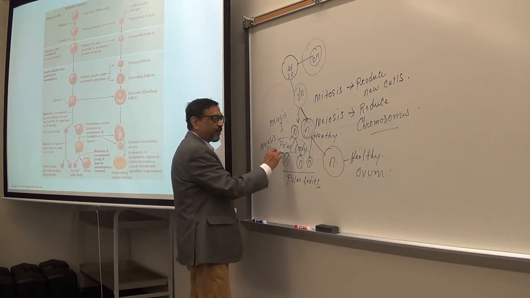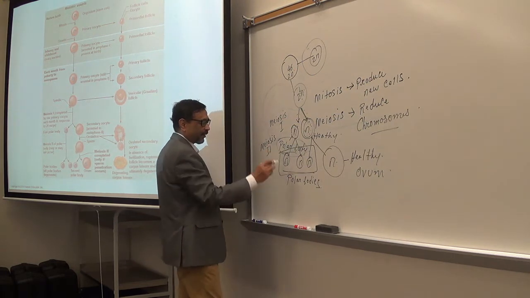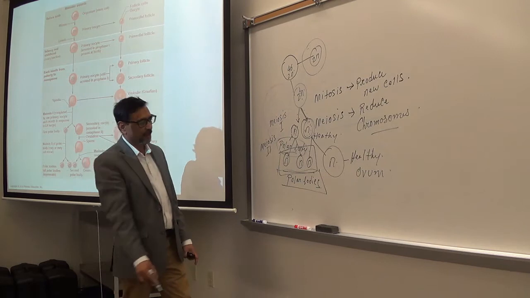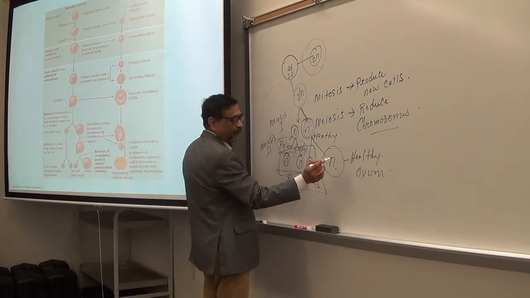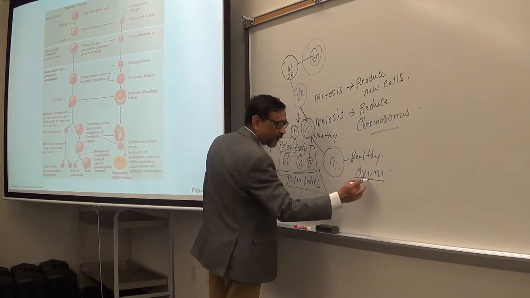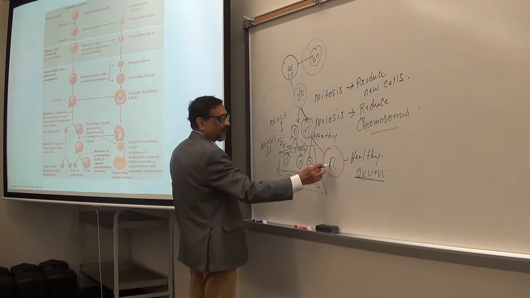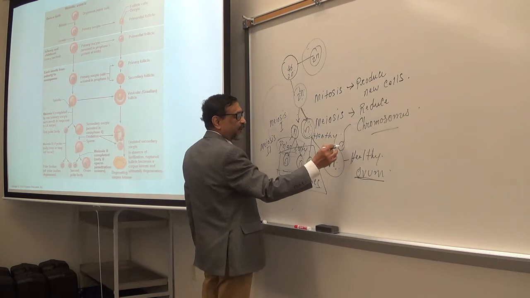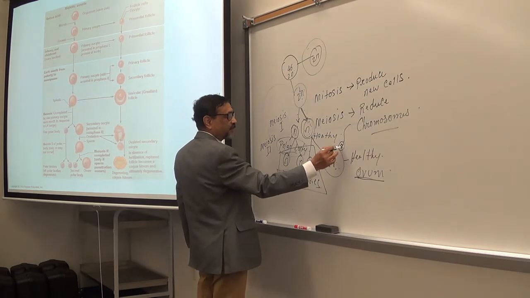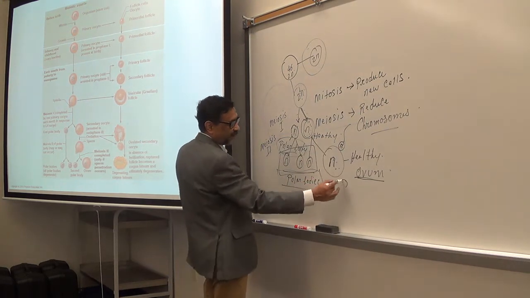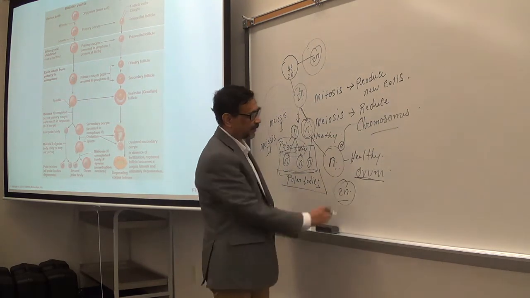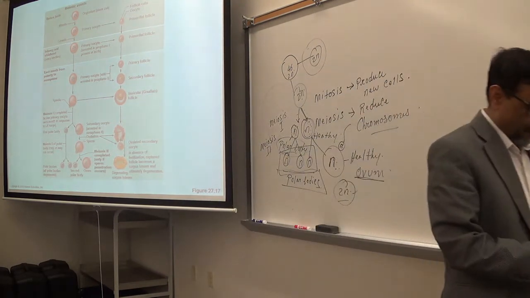So we got four, but these three are polar bodies. They are not useful. Only one healthy ovum or egg or oocyte. And this one has half number of chromosomes. So when the sperm will fertilize, that one also has half. So we'll get the zygote, the first cell of the new body, 2N. Okay, so that is the zygote.